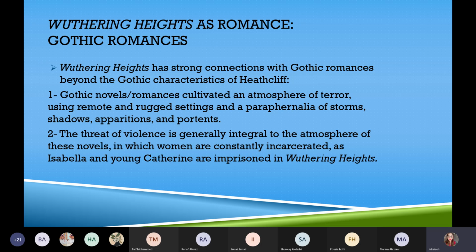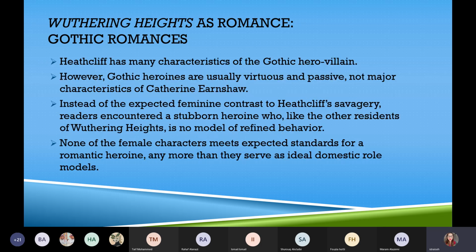But these women are generally considered passive. Here we have Isabella and young Kathy. They are imprisoned. We generally have an incarcerated woman, and a man comes and saves the woman from that. Heathcliff, in many ways, is like a Gothic hero villain. But Catherine does not represent that. She's really a revolutionary figure.